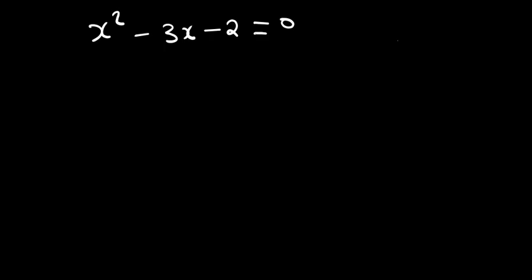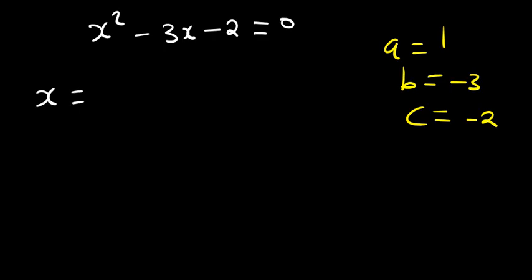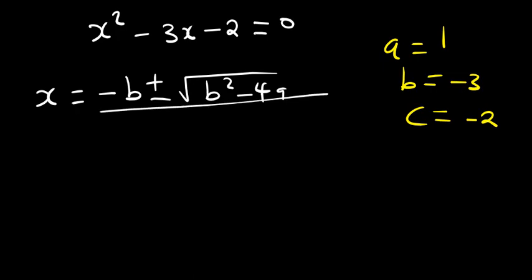First we have to identify what a is, what b is, and what c is from our expression. Now a is 1, b is negative 3, c is negative 2. Then from there we just need to solve. So we're going to have x equals negative b positive or minus the square root of b squared minus 4ac, everything over 2a.